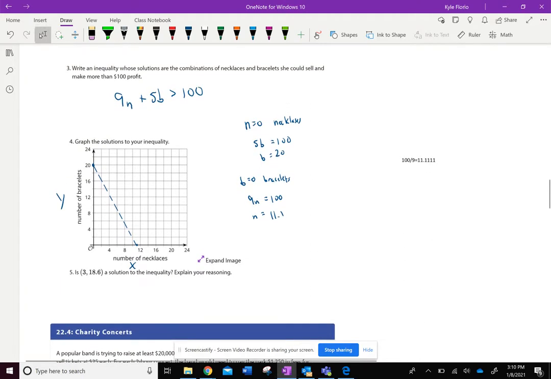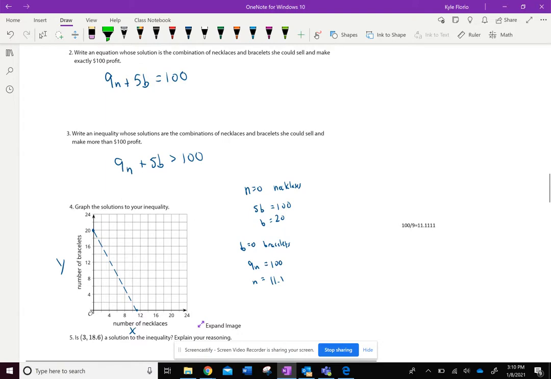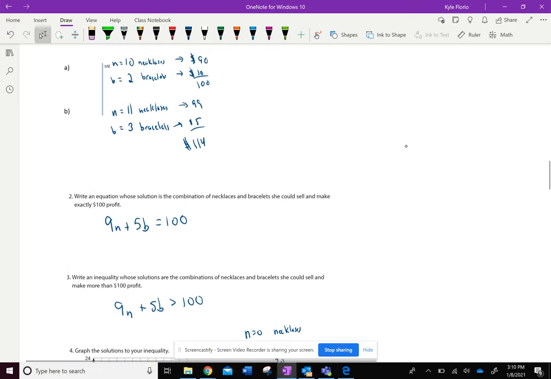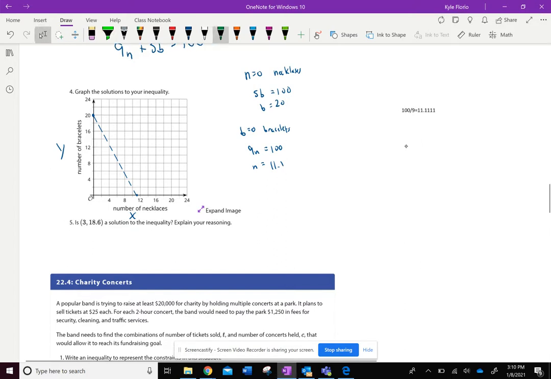So if I want to make over $100, I think I'm going to need to be over this line. Right, and if we look, remember 11.3, if we look at that point right here, 11.3 is right about here. That is over the line. So that is a solution. So all my solutions are going to be on this side of the line.